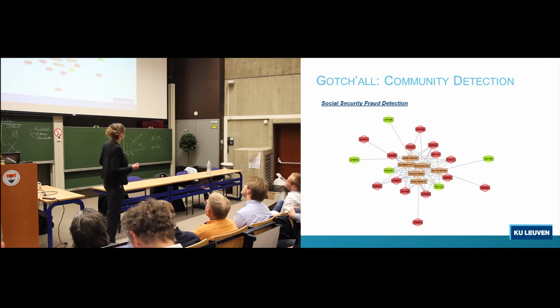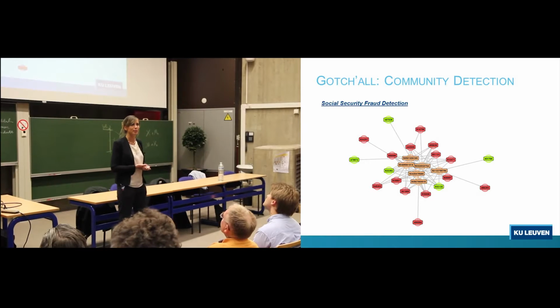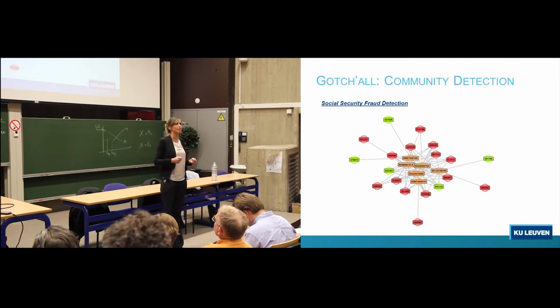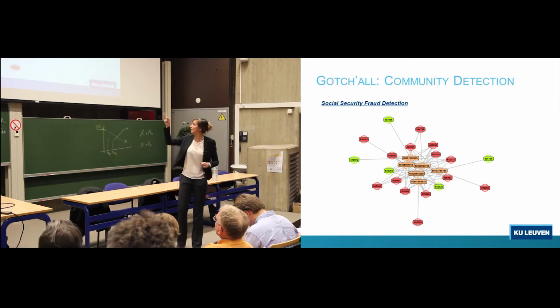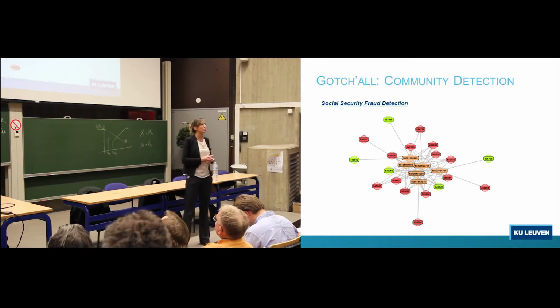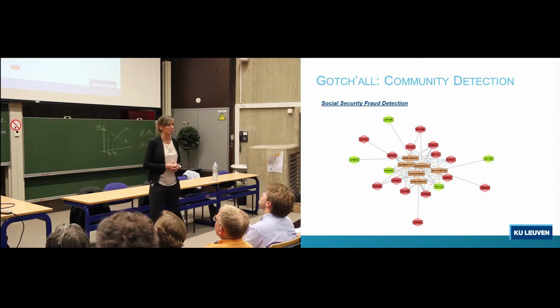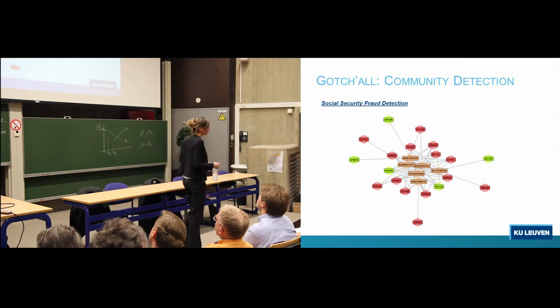So here we have a subgraph of a spider construction where we have a bunch of resources. These are the orange nodes in the middle. And these resources are used by a set of companies. The companies are the red and the green nodes. A red node means that the company is fraudulent. A green node means that the company is still active and still assumed to be good.